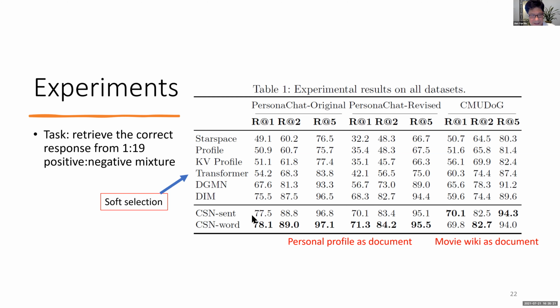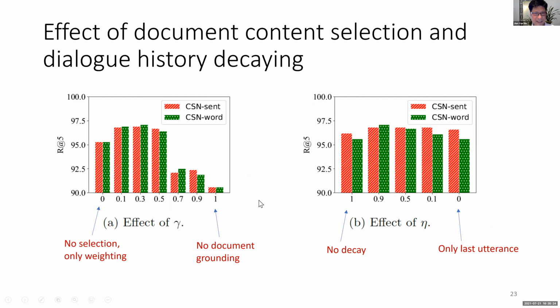What will be interesting to see is the effect of document content selection and the dialogue history decaying. The first figure tells you whether the document selection is useful. Here we have different selection thresholds. If I put the threshold at 0, that means I don't have a selection. I will use some traditional method, which just weighs the different elements in the document.